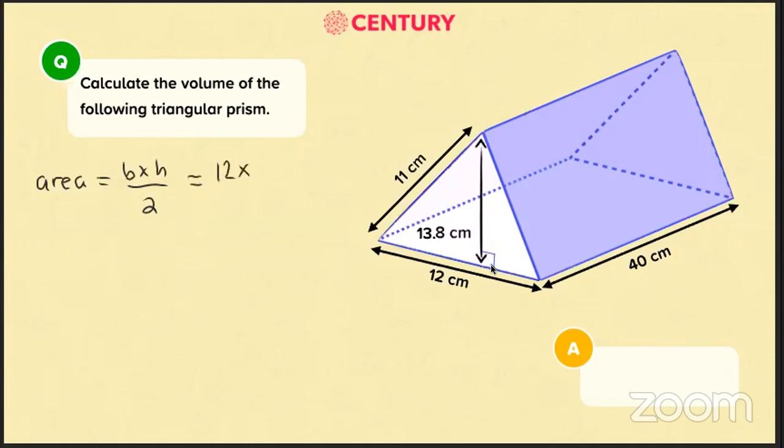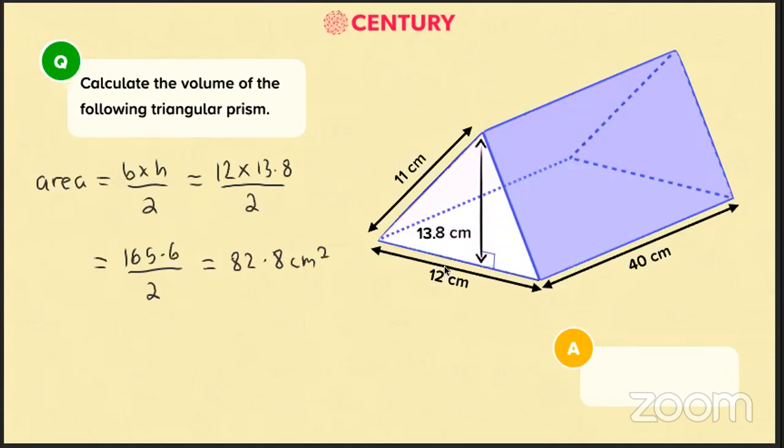12 times 13.8 divided by 2. Now, this is where the calculator is really going to come in handy. So I've got 165.6 divided by 2 there, and that will give me 82.8 centimeters squared. Okay, so we've found the area and now we need to find the volume.